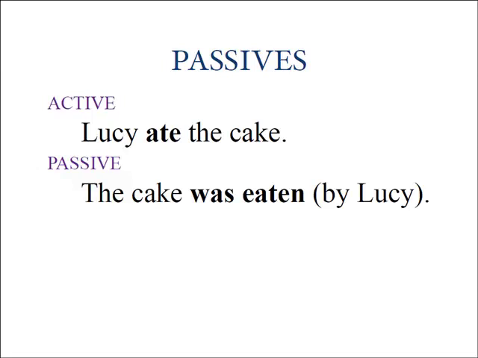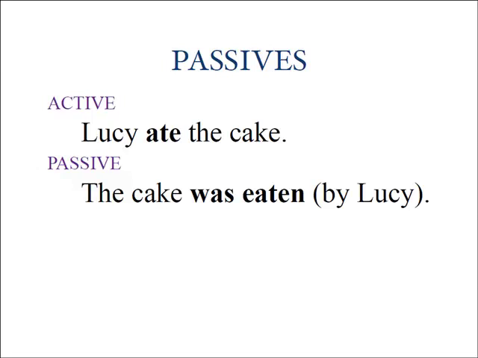So we get something like the cake was eaten. We have this agent, Lucy, that's in a by phrase, it's optional. Here's Jim. And so we also have a passive morphology, right? So we have this be verb there, and then eaten, right? So this en or ed participle form.